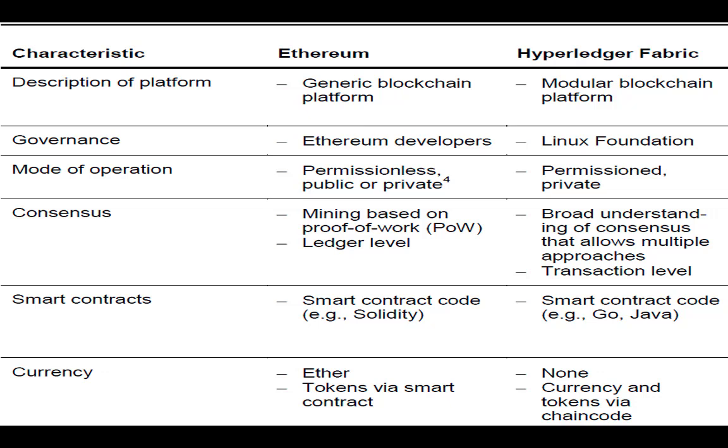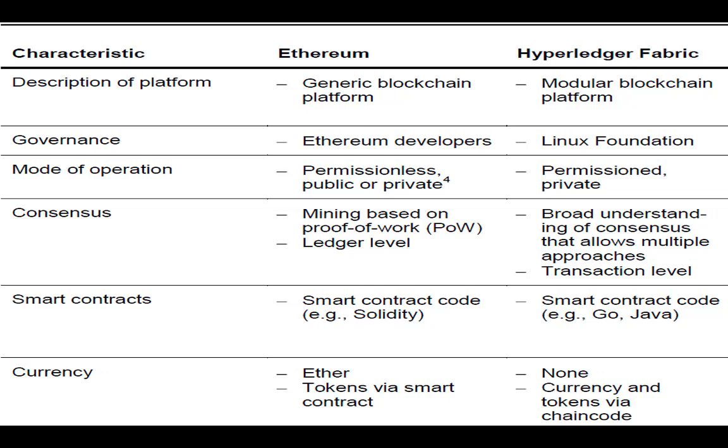Consensus in Ethereum is based on proof of work, or currently it could also be proof of authority or proof of stake, and the consensus is at the entire ledger level, whereas in Hyperledger the consensus first of all is flexible. You can plug in your consensus, and it's actually at the level of transactions.